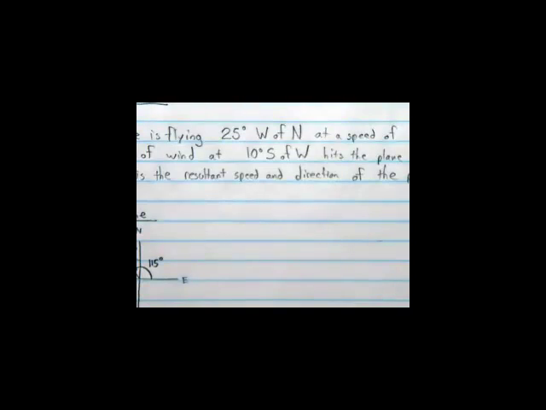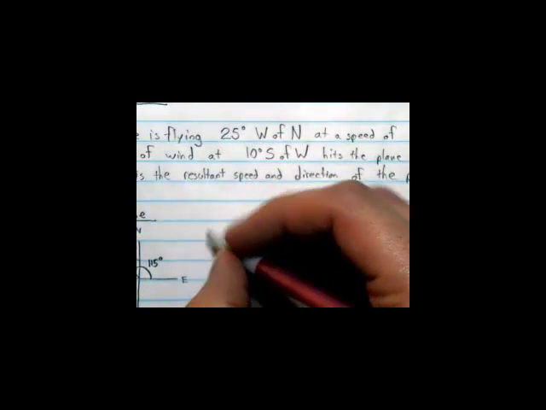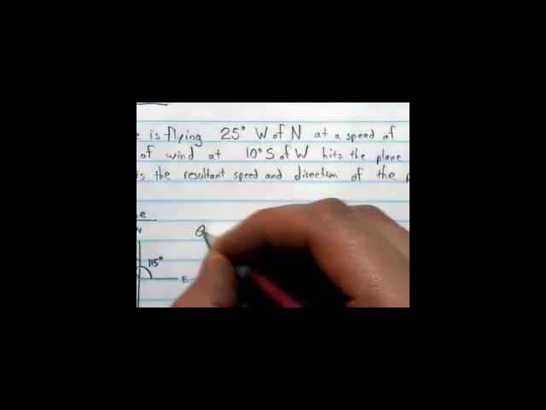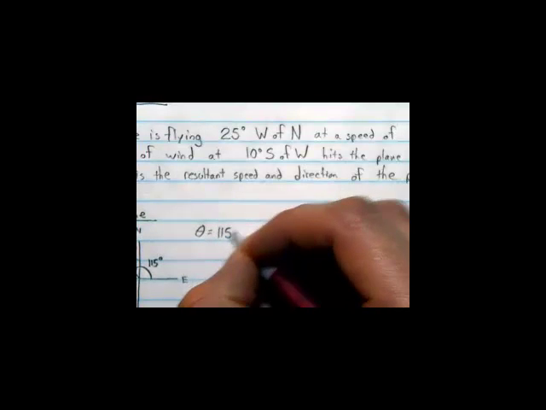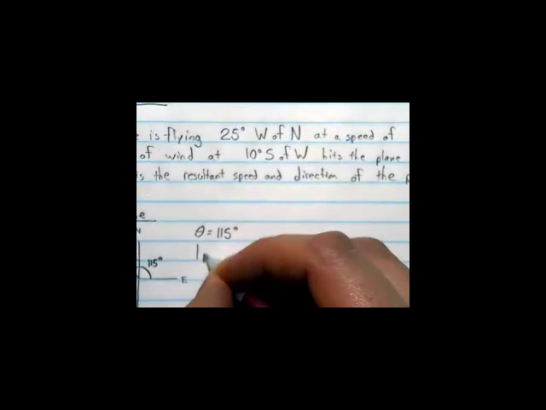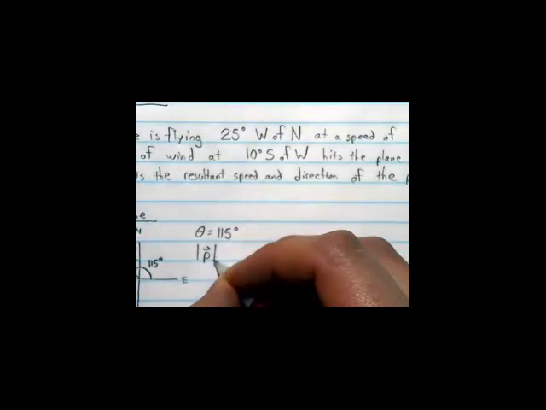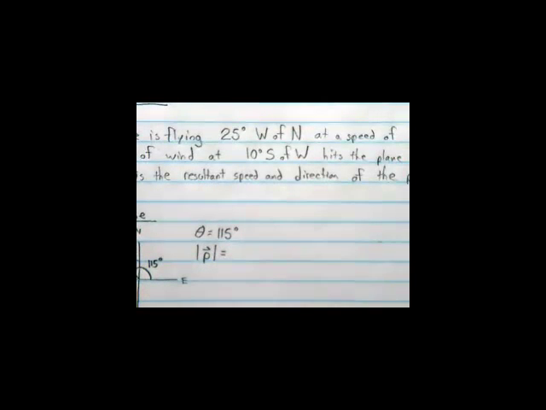So my vector for my plane has a direction of 115 degrees, and the magnitude, we'll call it vector P for plane. The magnitude of the vector then is given by its speed, because that's how we're using the vector this time. So that's 250.